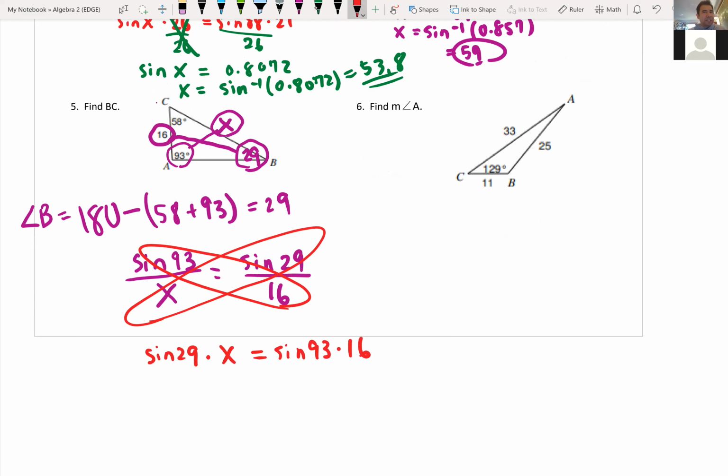See how convenient it is to use cross multiplication in this type of problem. You had a fraction, but now it's a single line equation. It's a lot easier to deal with, isn't it? You're going to divide both sides by sine of 29.